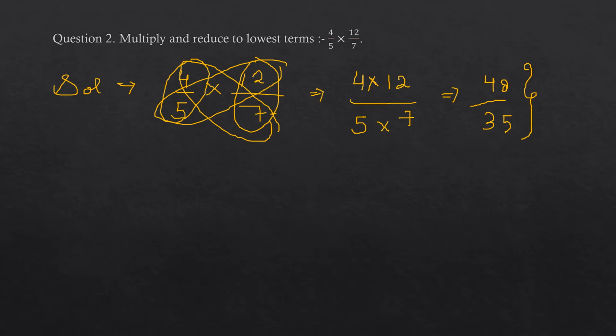Okay, but here we do not have any common factor for 48 and 35. Hence, one thing we can do here, because according to the question we have to make it to lowest terms. Okay, so if we can't make it to lowest terms, then we can convert it into a mixed fraction, and we know how to convert any fraction into a mixed fraction.